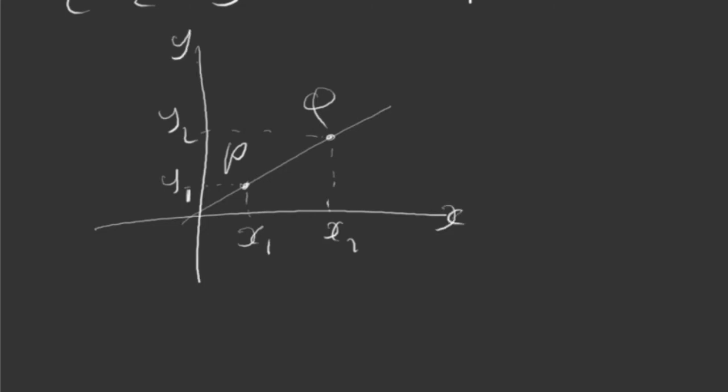So in order to find the slope of this line, there's a formula which says m equals y2 minus y1 over x2 minus x1.